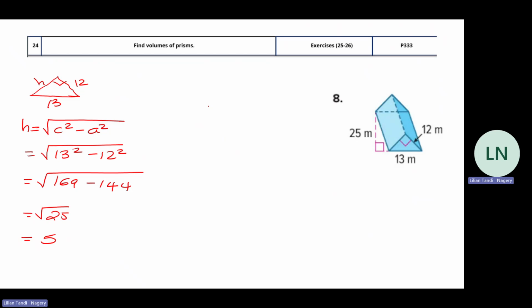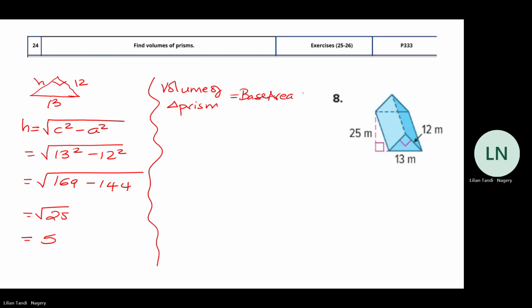Now I need to find the volume of the triangular prism. So volume of triangular prism equals base area times height of the prism.